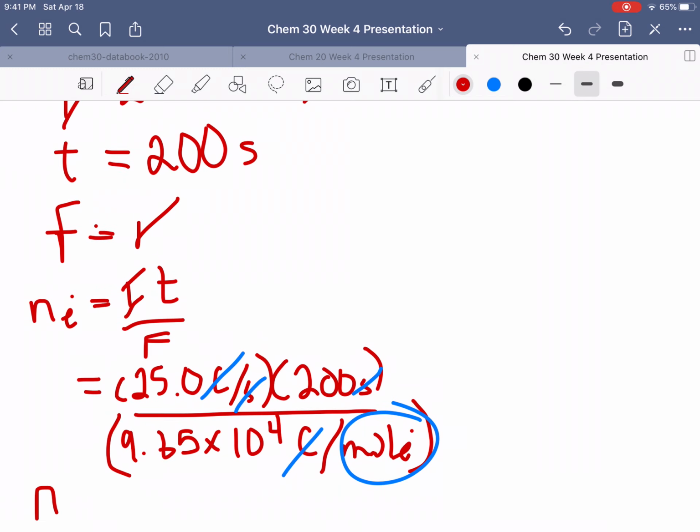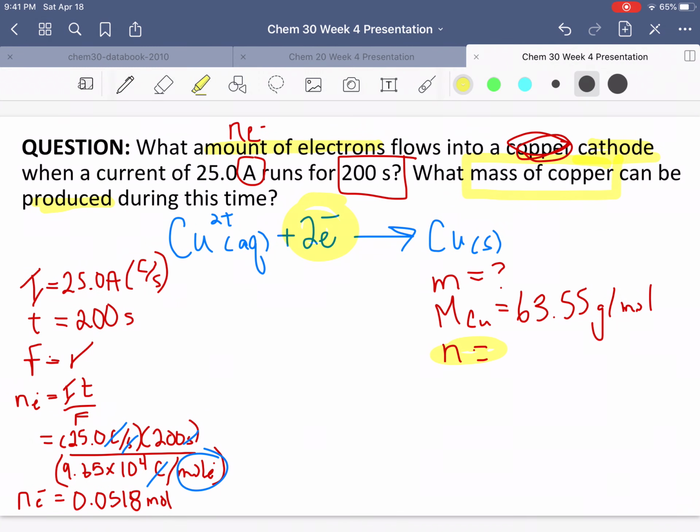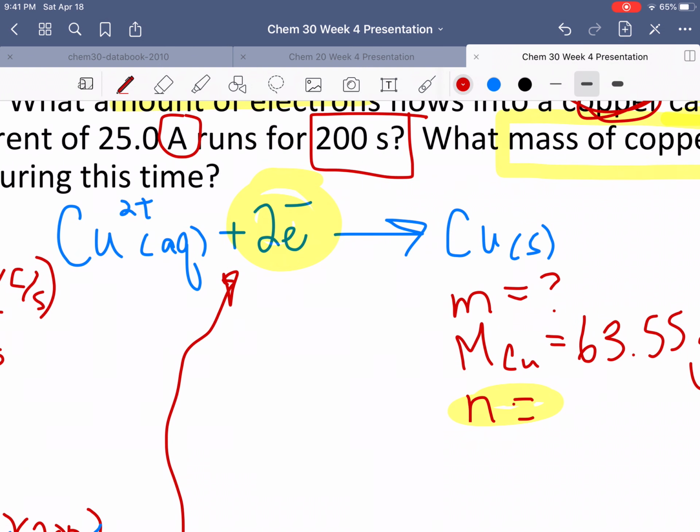We're going to end up with number of moles of electrons is equal to 0.0518 moles. All right, here's where the stoichiometry starts to factor in. This N of electrons that I just highlighted is specific to electrons. Well, if that's true, then we've got N of electrons equal to 0.0518 moles.